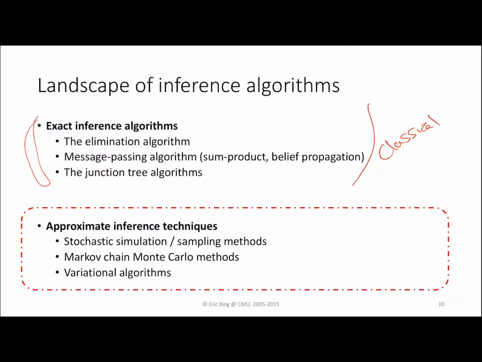If you go to conferences such as NIPS or ICML, you see a lot of research going on, especially at the intersection of PGM and deep learning, where all bets are off, we don't have any closed-form solution. How can we do inference in this context? I think that's a great area of research. But before running, you have to first learn how to walk. And today and Thursday, we try to teach you how to walk.